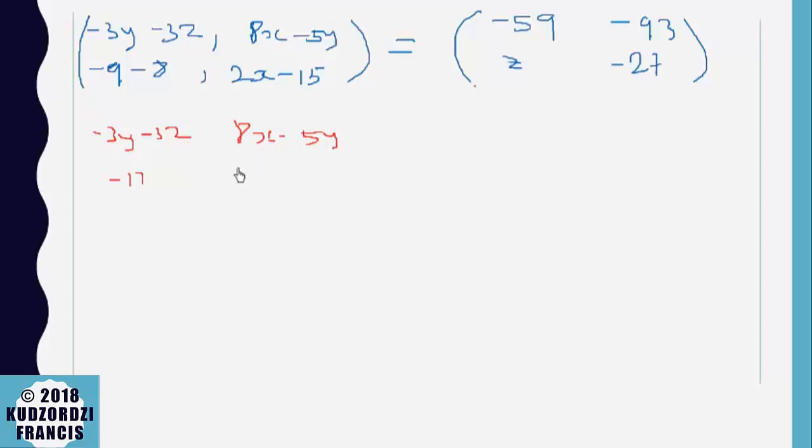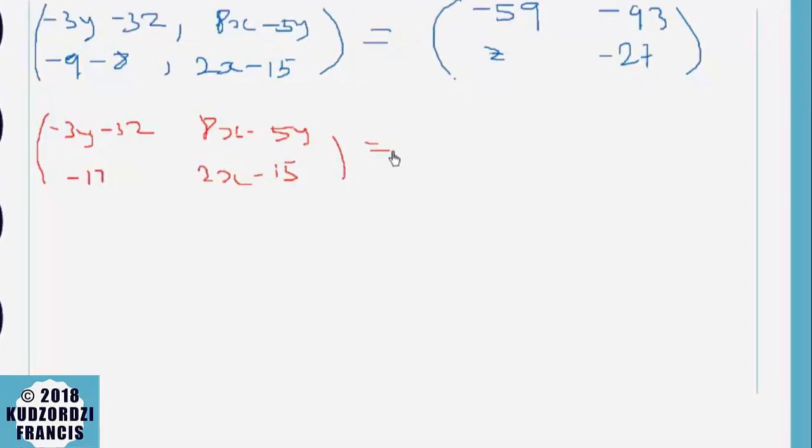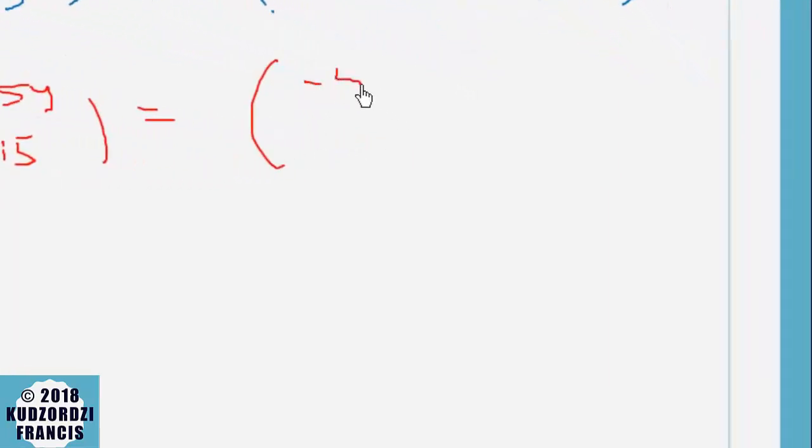Then also we have 2x minus 15. So we can now equate the corresponding entries. So we have this equal to negative 59, then negative 93, then z, then negative 27.